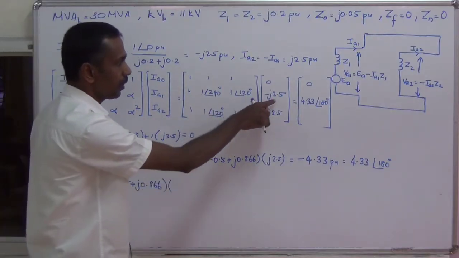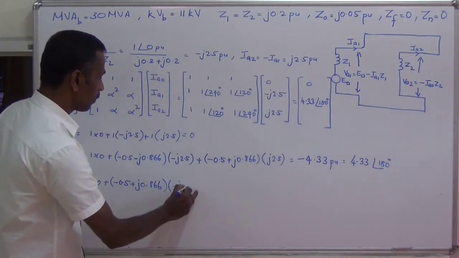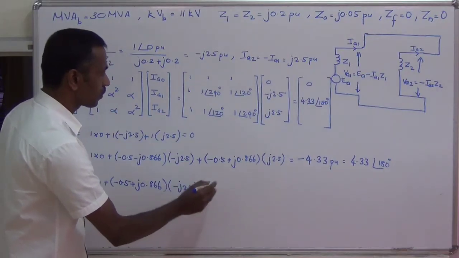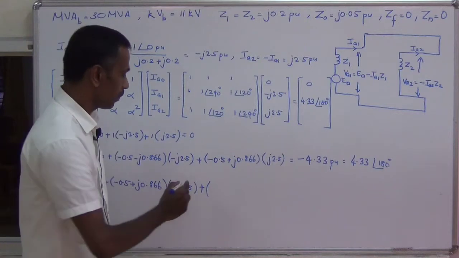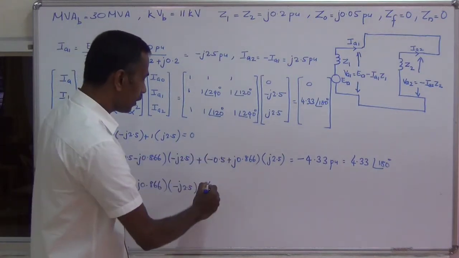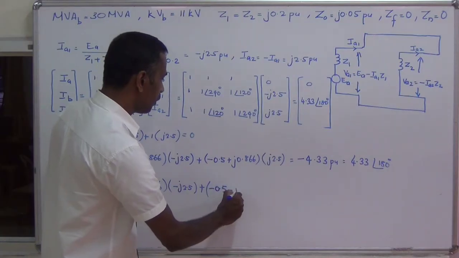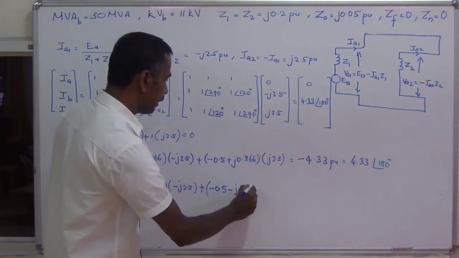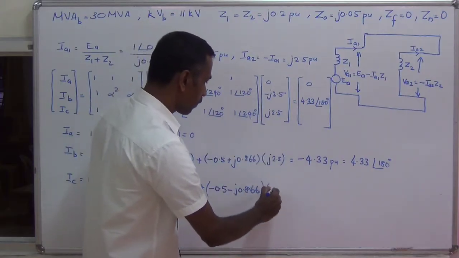Plus 1 angle 240, which equals minus 0.5 minus j 0.866, into j 2.5.